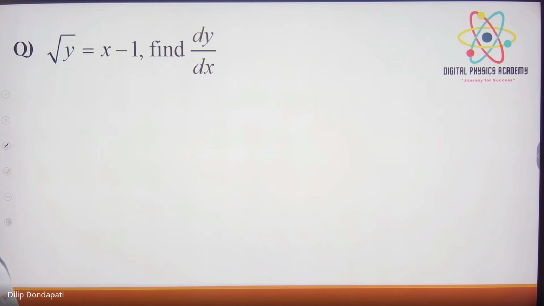Zero only, right? No. A constant number is there. x is there, right? If x is differentiated, it's 1 only. Wrong.